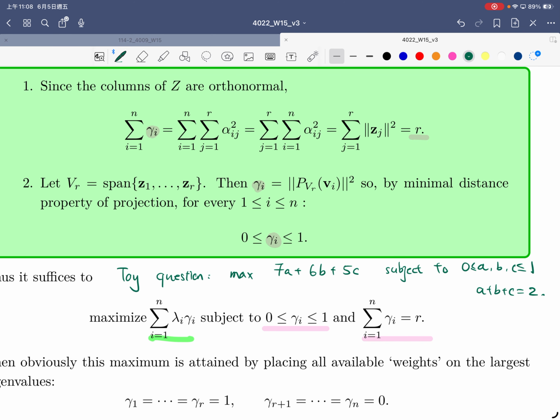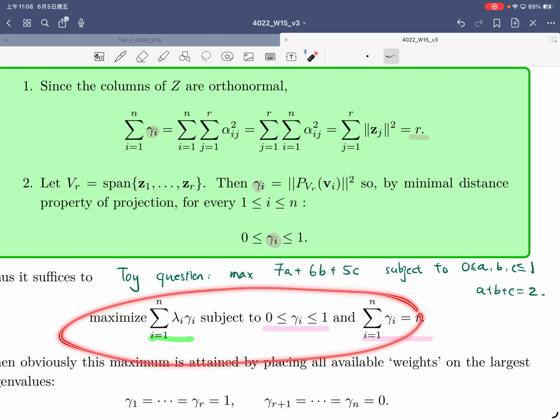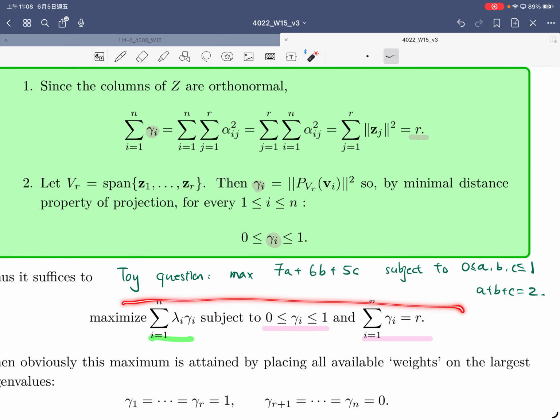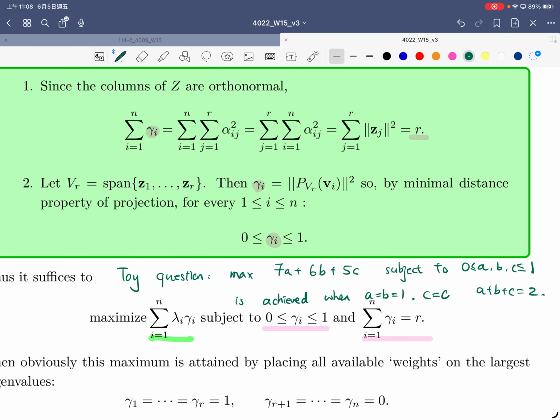Then how are you going to optimize it? Of course, you will give all the available numbers to A and B. So this is not an intelligent optimization problem. It looks intelligent here, but when you write out an example, this is extremely easy. It's achieved when A = B = 1 and C = 0.